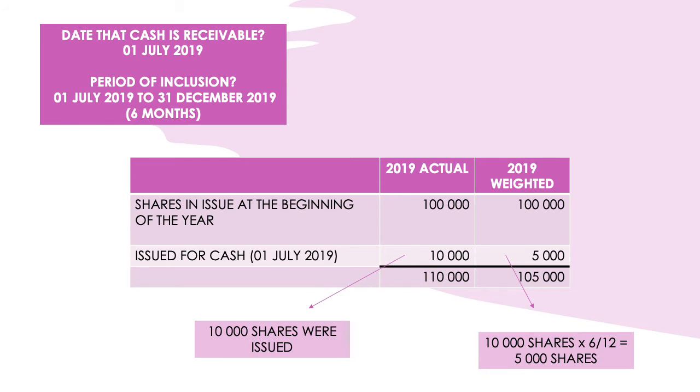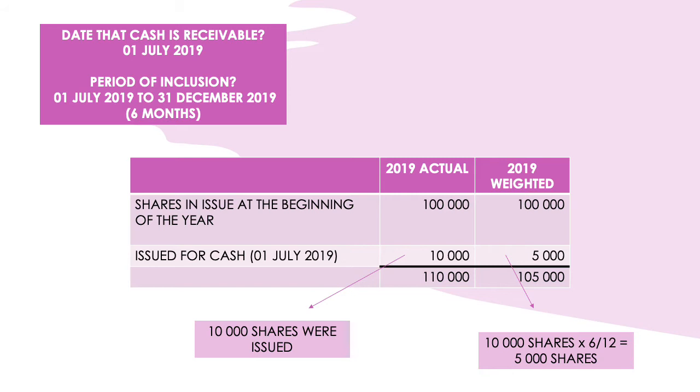The first thing that is important to determine is the date that the cash is receivable. This example made it very clear that the date that the cash is receivable is on the 1st of July 2019. So those ordinary shares that were issued will be included in our WANZO calculation from the 1st of July 2019.